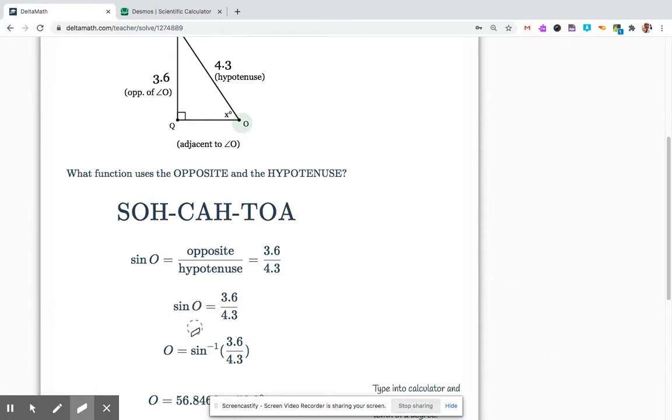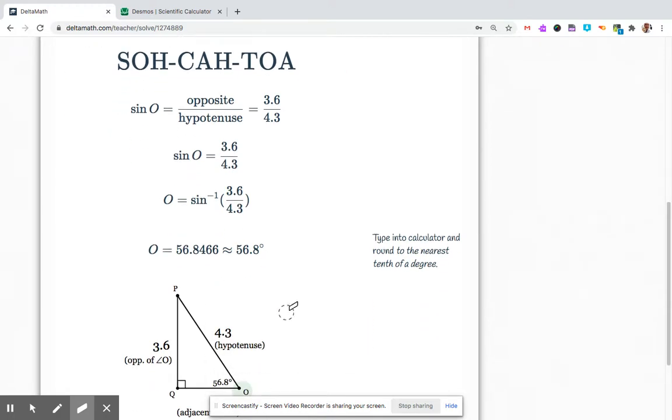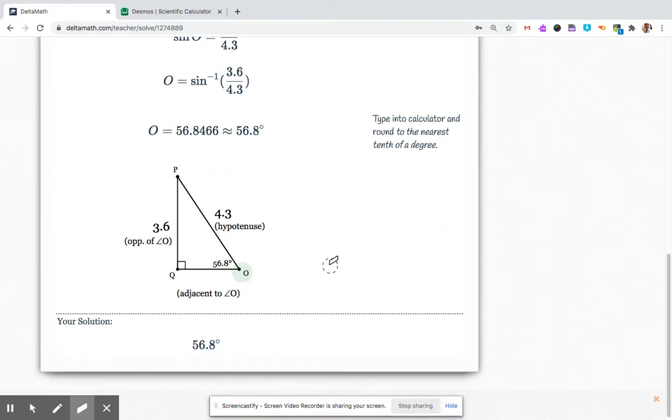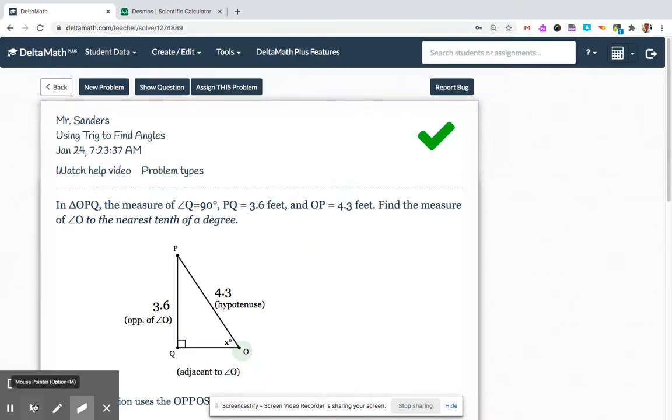They called it angle O, I called it angle X. You do arc sine on both sides. That undoes the sine function. Now our angle is by itself. Then arc sine of the value is exactly what we have here. Type into the calculator, round to the nearest degree. So everything is exactly the same. Take a look at the next one, see if it's any different.